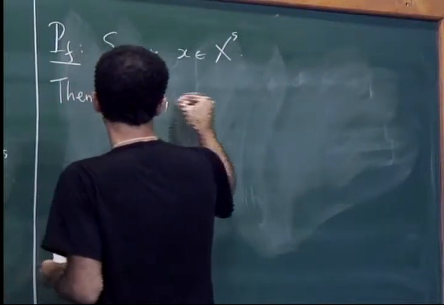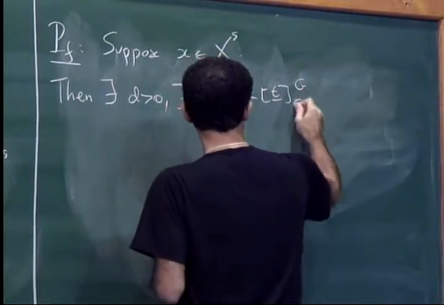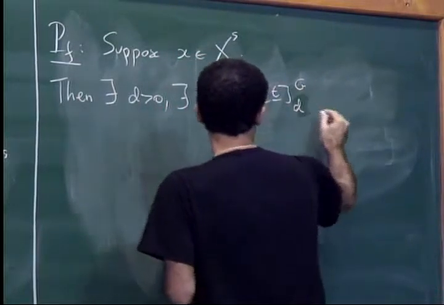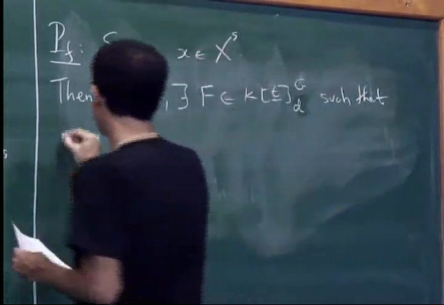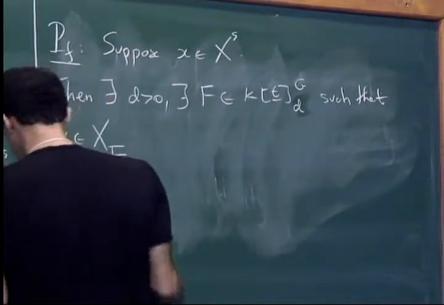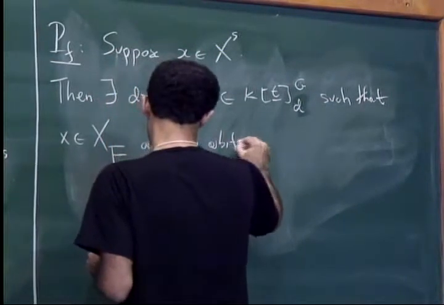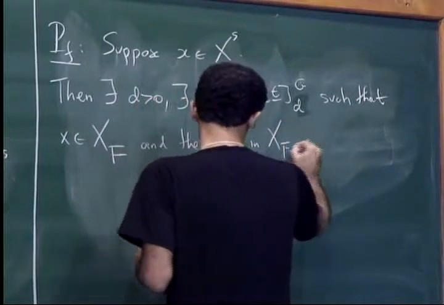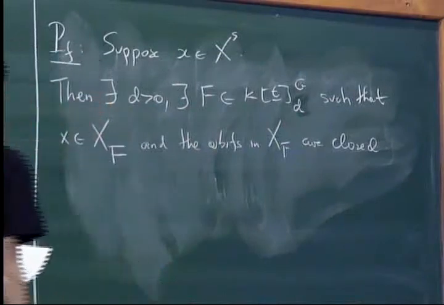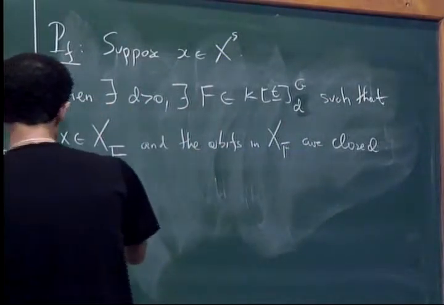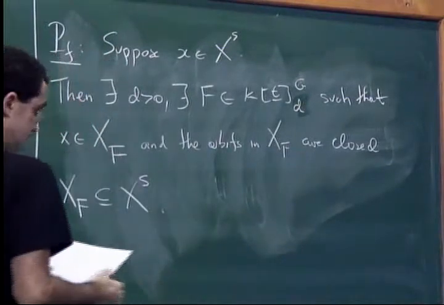So there is a homogeneous invariant polynomial F of degree D such that X belongs to the principal open subset X_F and the orbits in X_F are closed. Okay, so that's straight from the definition. And as we pointed out, we have that this is contained in the stable locus.